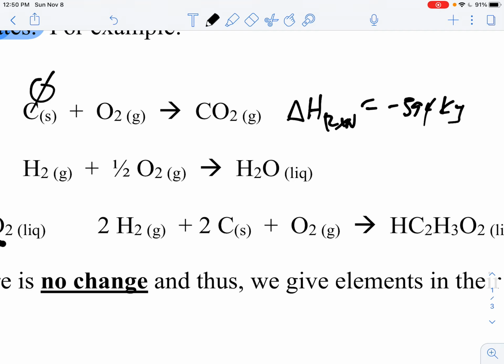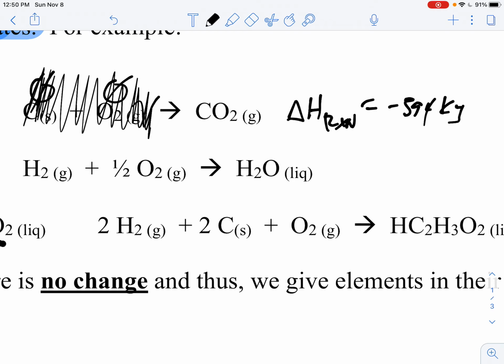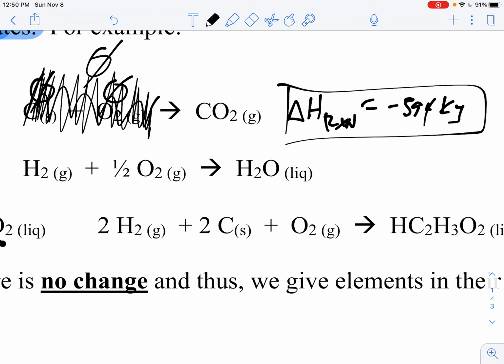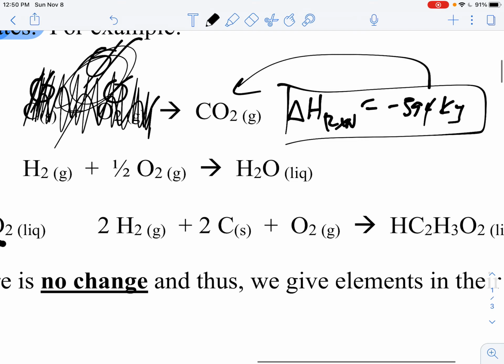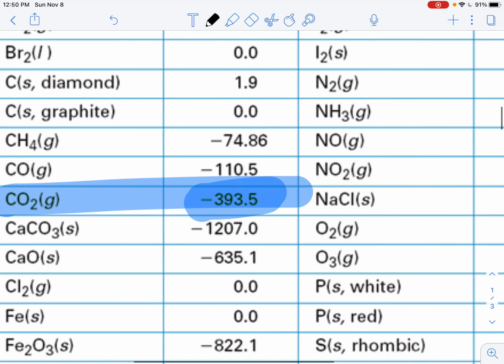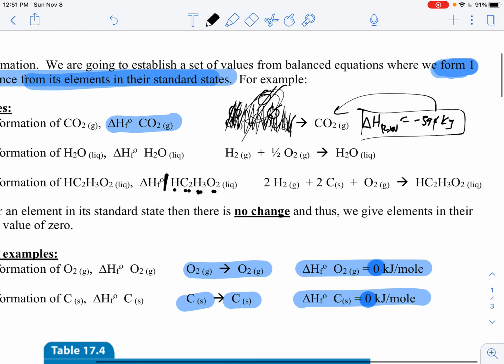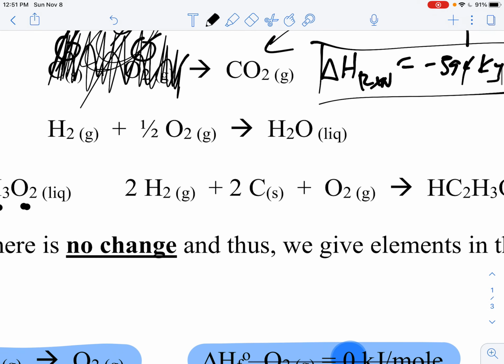Well, this is an element in its standard state. It's 0. This is an element in its standard state. It's 0. So everything on the left-hand side over here is a value of 0. And so consequently, I can take this negative 394 and say, well, if everything over here is a 0, then that 394 is going to be just for my carbon dioxide. So I can then go down here and put it in a table and say carbon dioxide has a value of negative 394 relative to making it from its elements in their standard states.